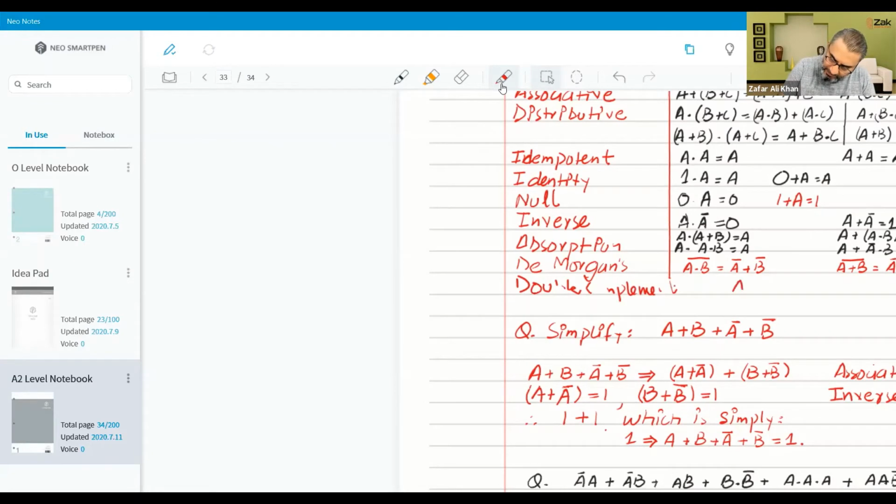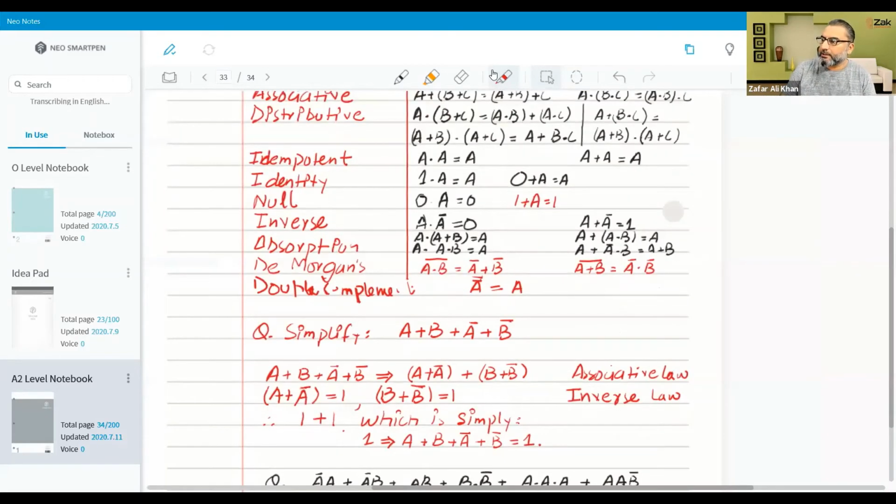If we put double complement on anything, then it becomes no complement at all. Okay, so this is double complement.